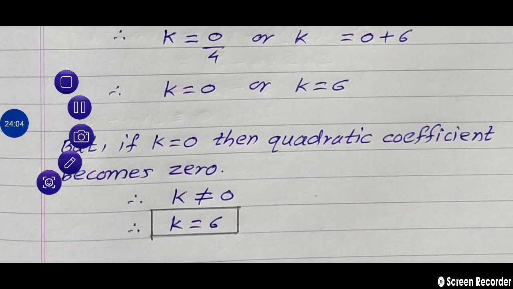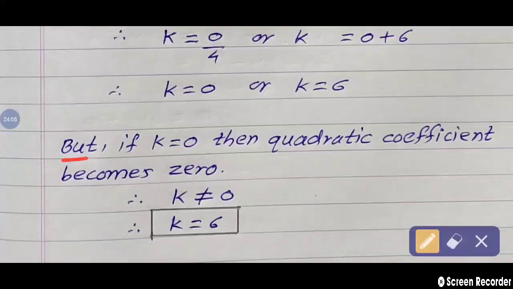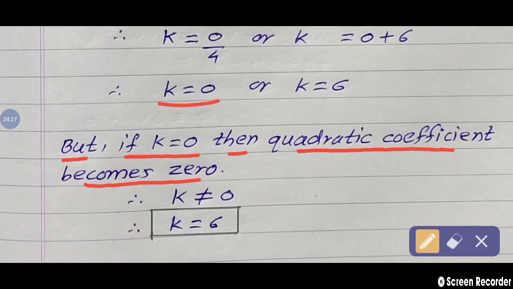So what we write here now, check. If k is equal to 0, then the quadratic coefficient, quadratic means what? X square. The x square term is called the quadratic term and that quadratic term coefficient becomes 0. Why? Because kx square is given there and the value of k is 0 we are considering.